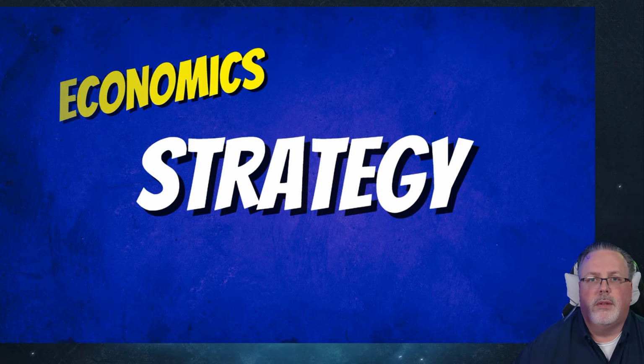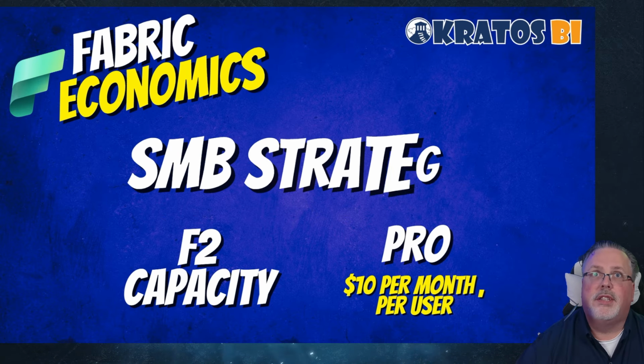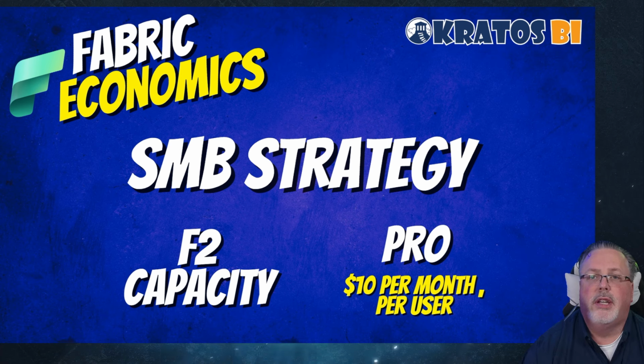Okay, so number one, this is for your SMB strategy. If you're a small business, you're just getting started, there's two components you're going to need. Number one is that F2 capacity. I think it's $280 a month. You're going to use that for a period of time during the day. You're going to automate the stopping and starting of that capacity to run your workloads.